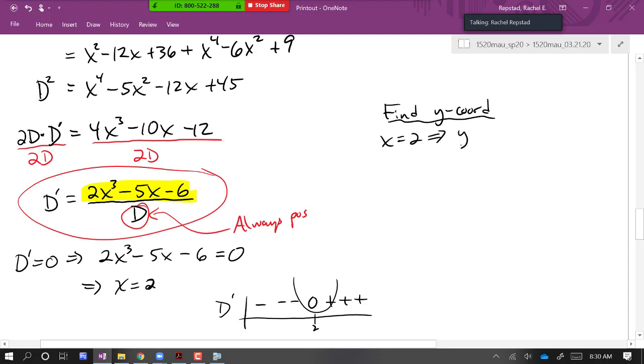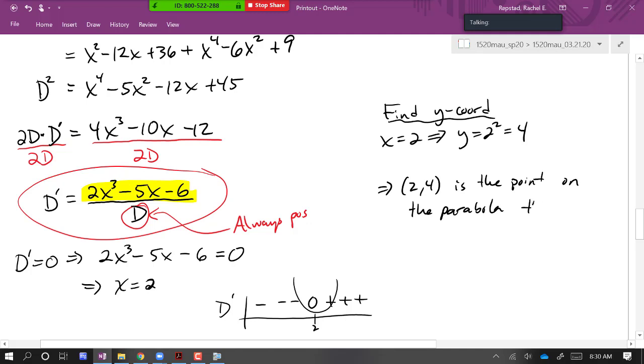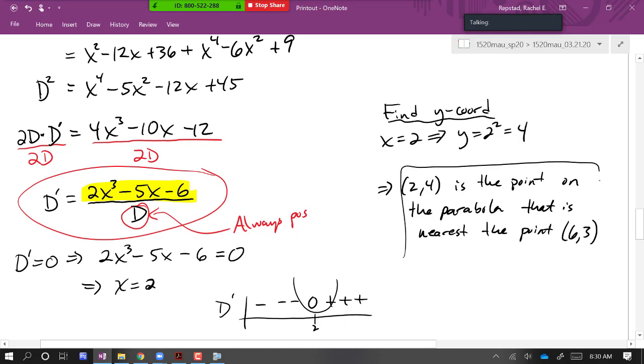It's on the parabola y equals x squared, so that means y is equal to 4, and the point 2, 4 is the point on the parabola that is nearest the point 6, 3. Great. How's that? Are there questions on how we solved that problem?